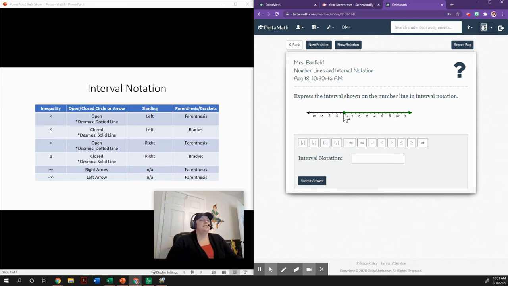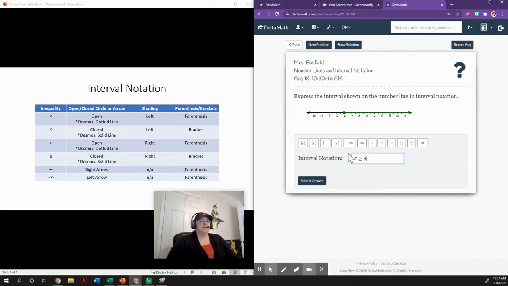If I were to write that down, let me type it in so you can see it. This is x greater than or equal to -4. That's the problem that is graphed up here, so hopefully you agree with that.